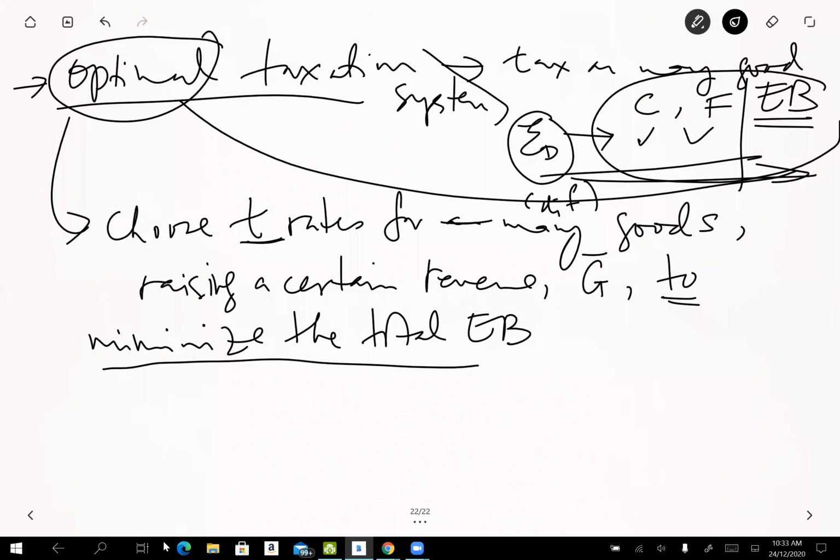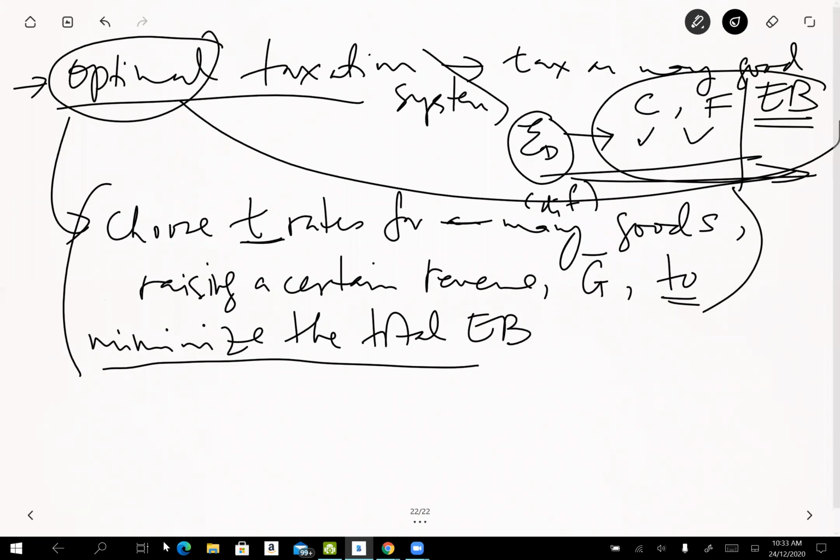So maybe you can rephrase: to minimize the total excess burden by choosing different tax rates for different goods, given I want to raise a certain tax revenue. Probably that one is better. Okay, but do you understand what I mean?